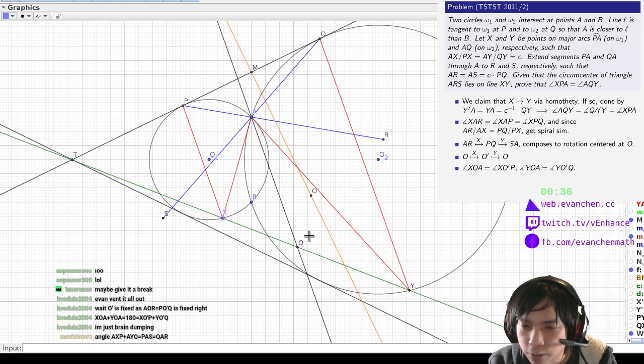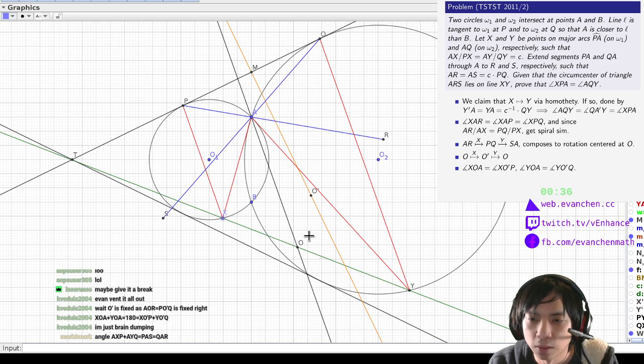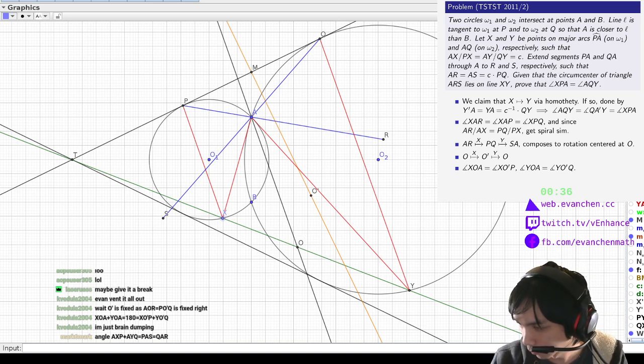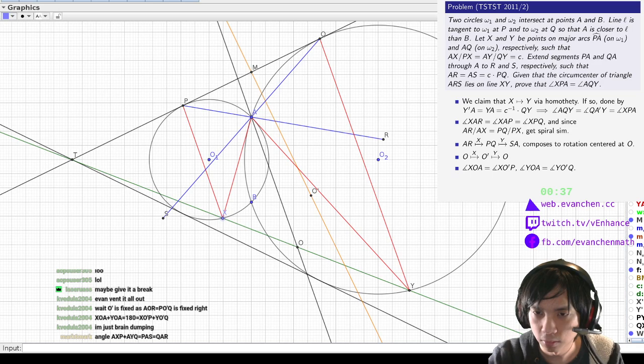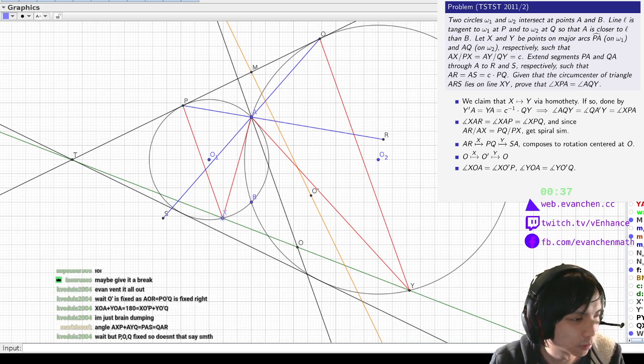So apparently XO prime P equals YO prime Q. So XO prime Y is equal to PO prime Q. O prime PQ, AOR, POQ are fixed, so that doesn't say something.